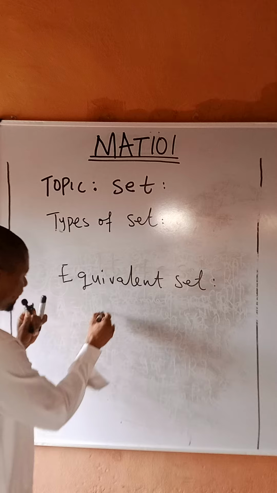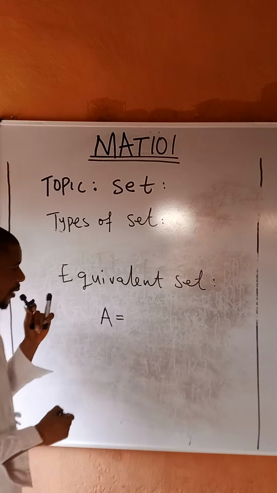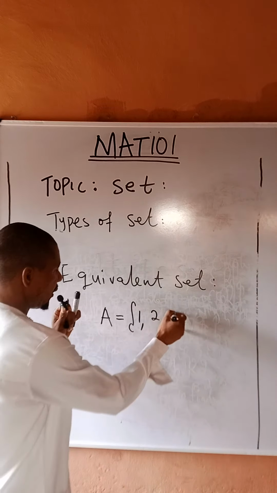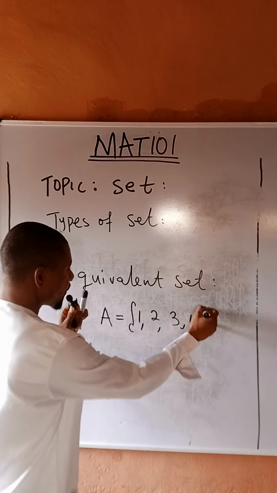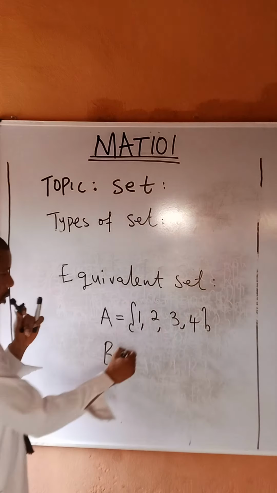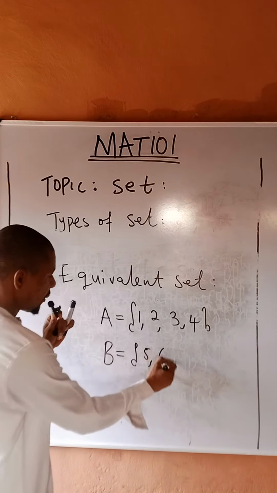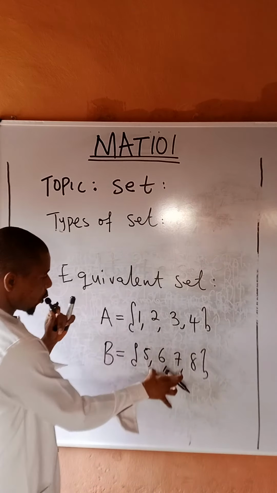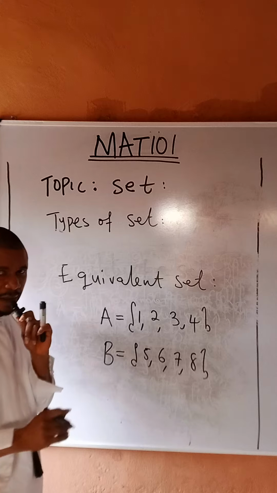Now look at this. I have a set A, which is equal to {1, 2, 3, 4}, and I equally have a set B, which is equal to {5, 6, 7, 8}. These two sets are equivalent.